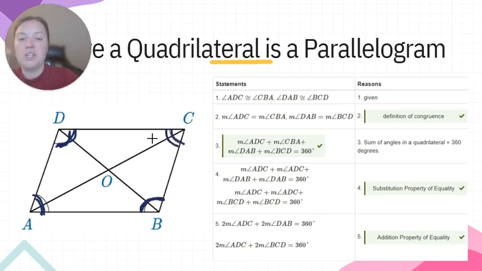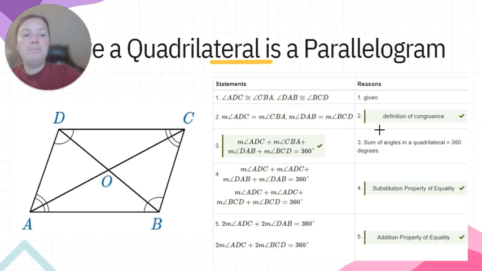So this is information that we are given. We're given that we have these congruent angles. And if you notice, it's the entire angle that is congruent inside the parallelogram. We haven't broken it up yet into smaller triangles.